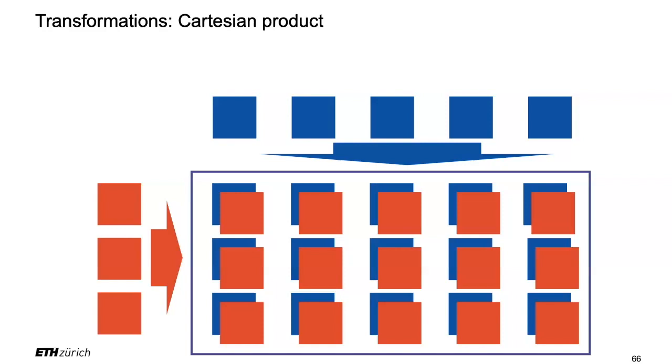This is going to crash your cluster. And in fact, this is so dangerous that many implementations of Spark by default prevent you from computing a Cartesian product. If you try, you will get an error, and you can bypass the system on the command line by saying, activate Cartesian product, that of course at your own risk, right? So only activate it if you know exactly what you are doing, because otherwise the cluster is going to crash. Okay.